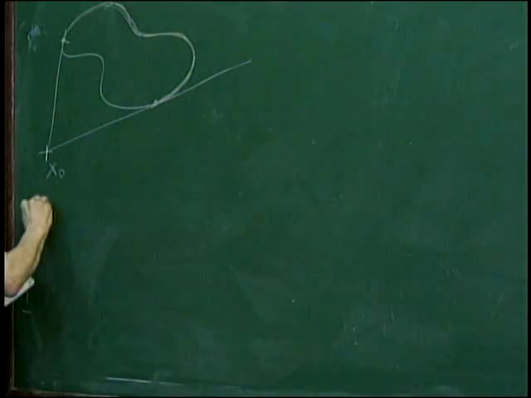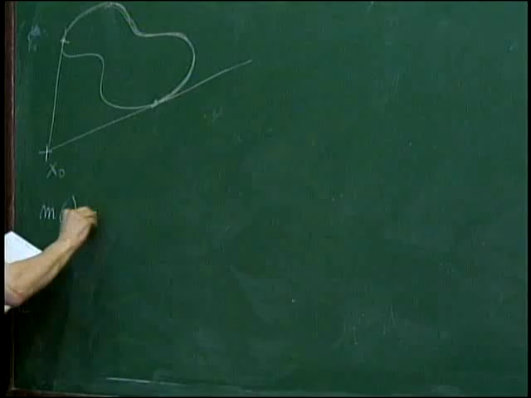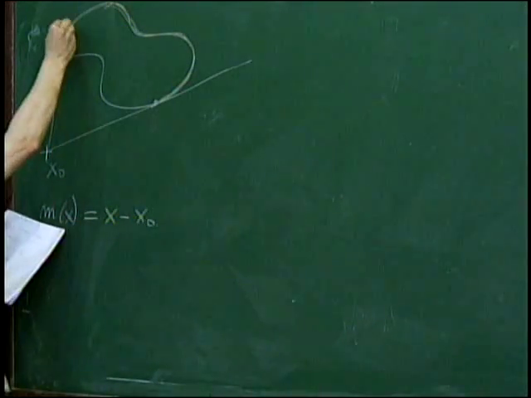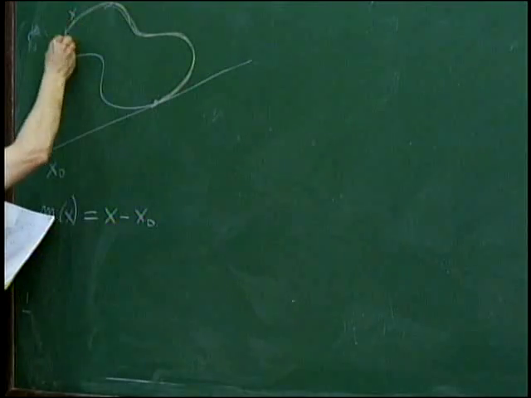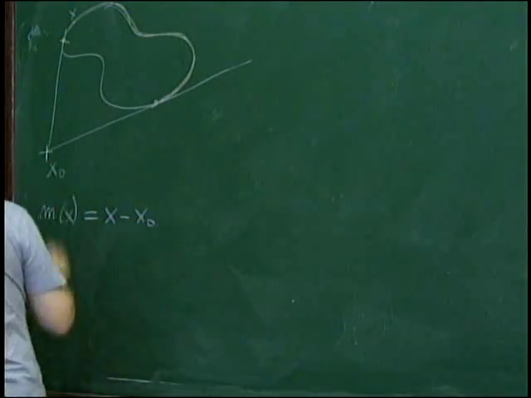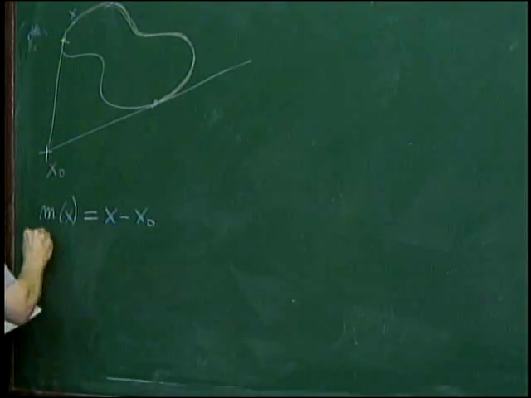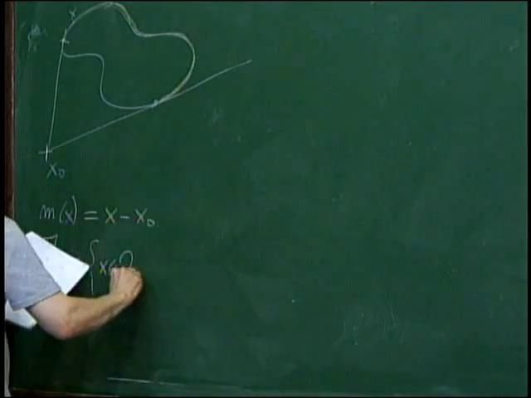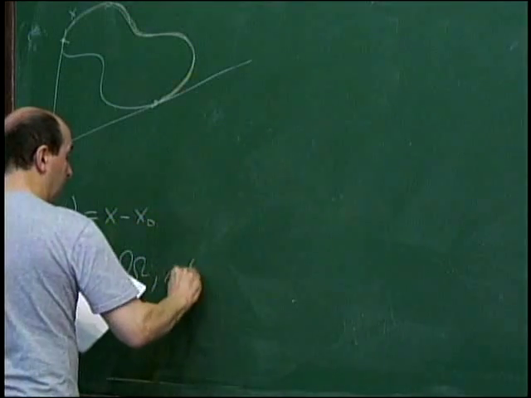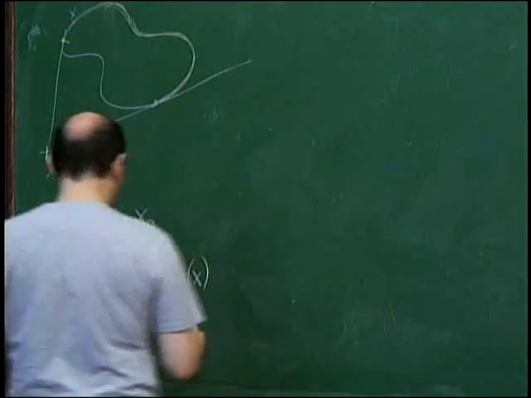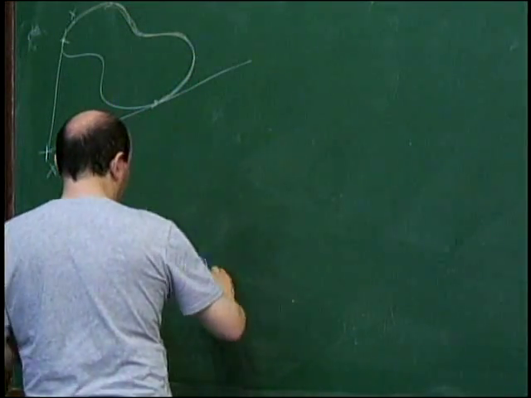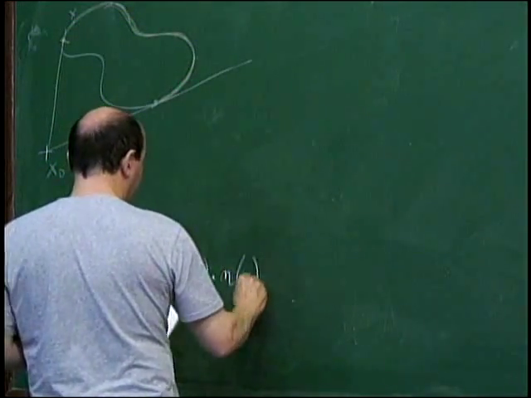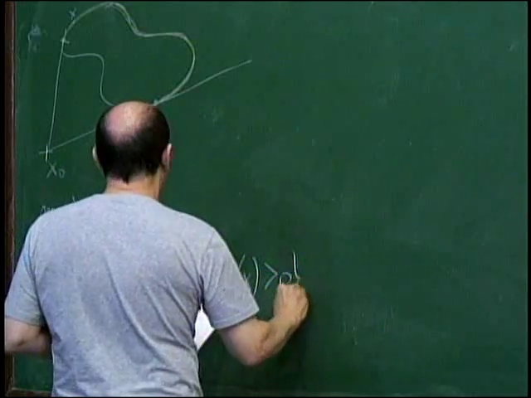So you introduce m of x, which is x minus x0, if you consider any point at the boundary, so you have a vector actually. And gamma naught will be the set of points on the boundary such that the scalar product of m of x by the normal vector n of x is strictly positive.